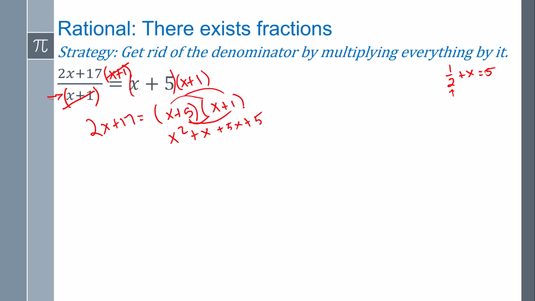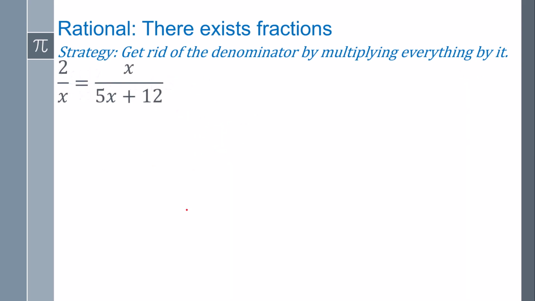You multiply it out. It's a binomial. Now we think to ourselves, once we do that, what type of equation is this? Okay, it's quadratic, so we want it to equal 0. So we're going to move everything to the other side, dot, dot, dot, and we're going to solve it from there. But the rational part is getting rid of that denominator. Let's look at another one.